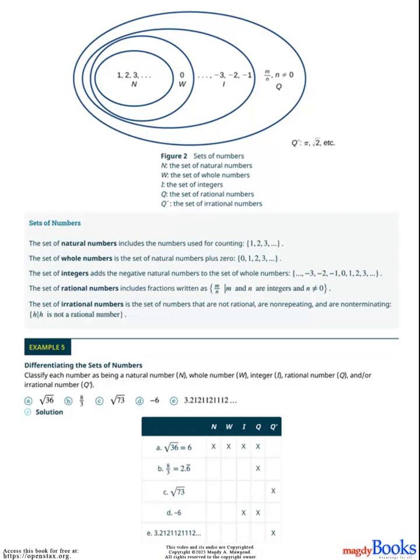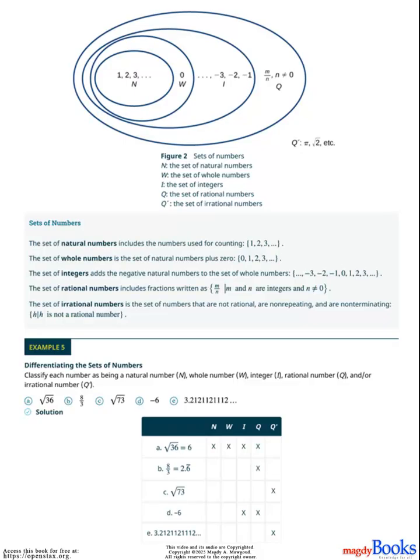C. Square root of 73. D. -6. E. 3.21211211112. Solution. A. Square root of 36 equals 6.